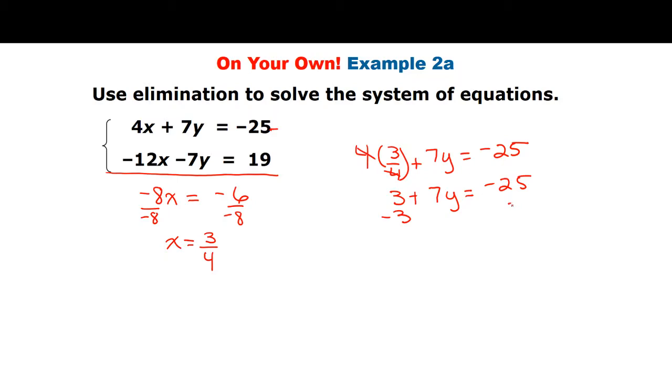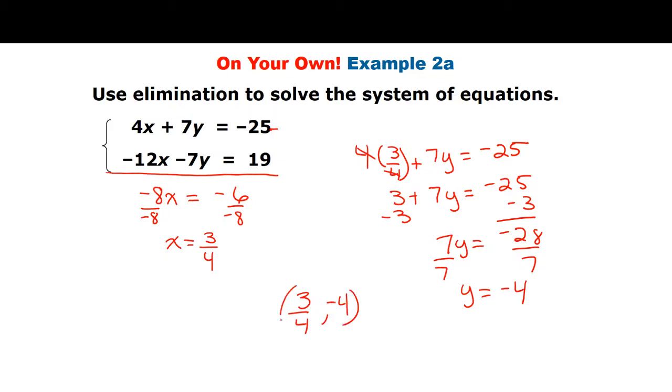Subtract 3 from both sides. That equals negative 28. 7y equals negative 28. Divide both sides by 7. Y equals negative 4. So my solution set is 3/4, negative 4. And there it is.